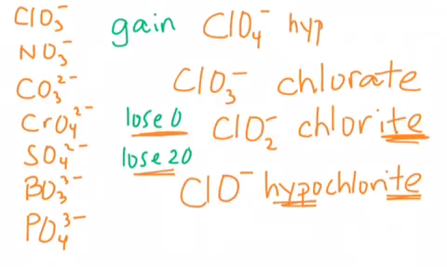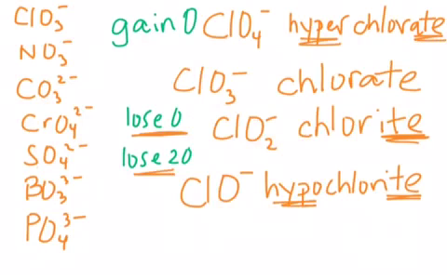That's hyperchlorate. So start with your baseline, chlorate, gain an O, you gain hyper-ate, lose 1 O, you have -ite as an ending, lose 2 O's, you have hypo-ite.